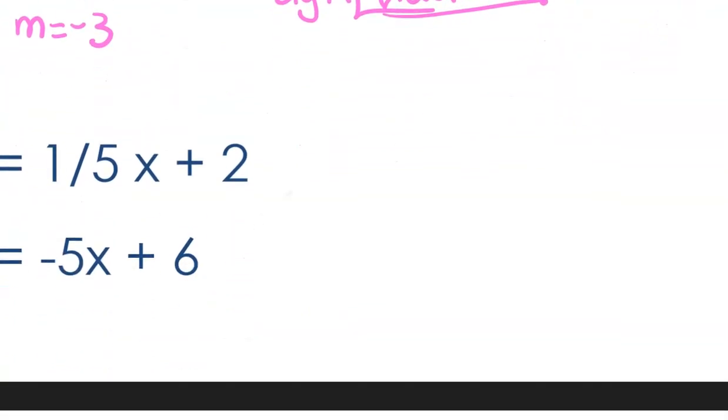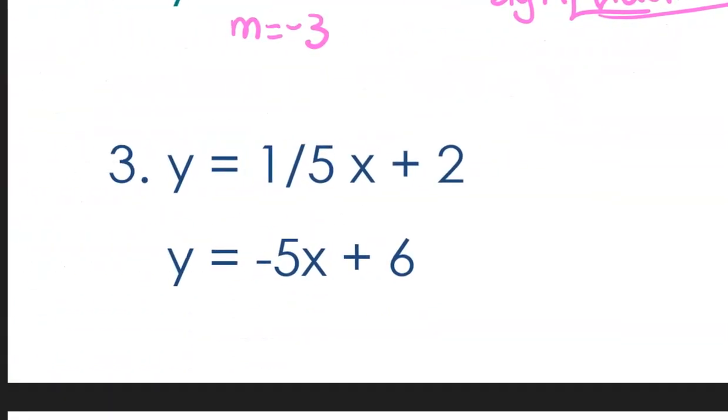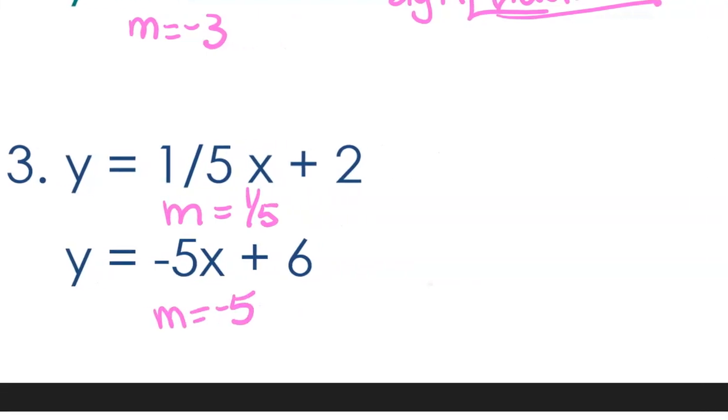Alright, third one. y equals 1/5 x plus 2, and y equals negative 5x plus 6. Again, let's find the slopes. This slope is 1/5. This slope is negative 5. So not parallel because those slopes are definitely not the same, but are they opposite reciprocals?